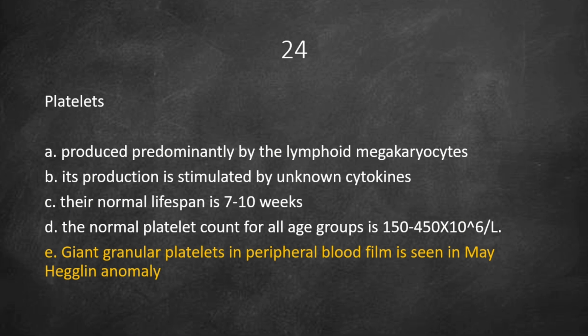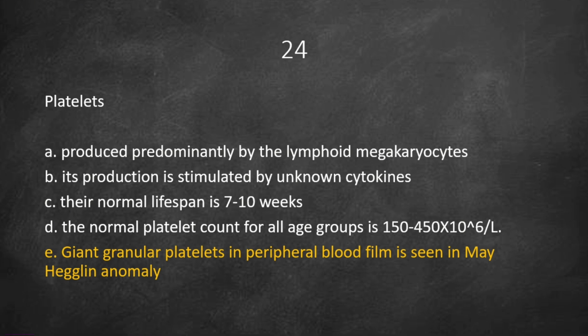Okay, option C says their normal lifespan is 7 to 10 weeks. This is also incorrect. The normal lifespan of platelets is 7 to 10 days, not weeks. So that's about that one.